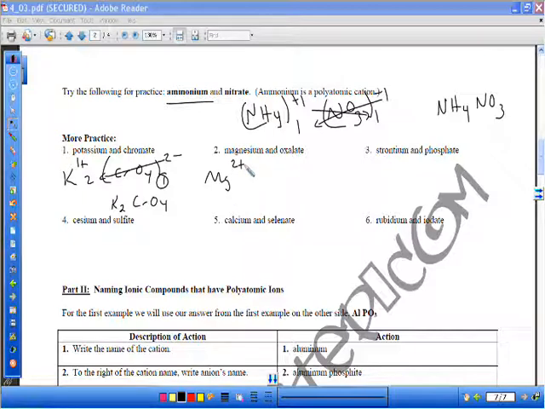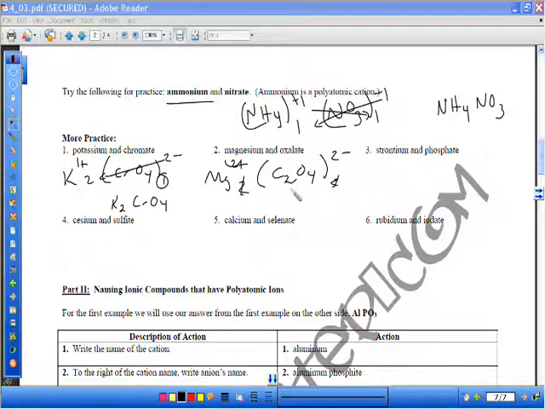Magnesium, +2, and oxalate. Let's see. You just look at your chart there. Where's oxalate? There it is. C2O4, -2. Okay, so here the 2 is going to cross here, and this 2 is going to cross down here.